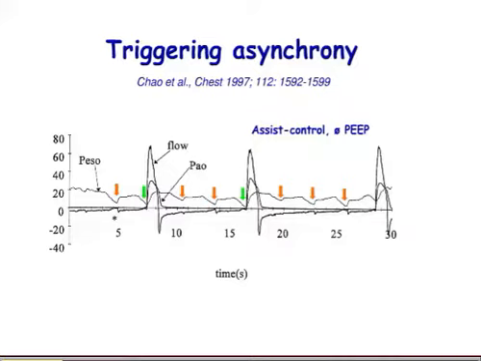And as you can see, these inspiratory efforts are not followed, as are the green arrows accompanying the other inspiratory efforts, by pressurization by the ventilator, meaning that these are ineffective efforts for the reasons that Laurent explained before. Now, this is assist control mode, but we could very well give the same demonstration in pressure support, and this is without the application of PEEP.